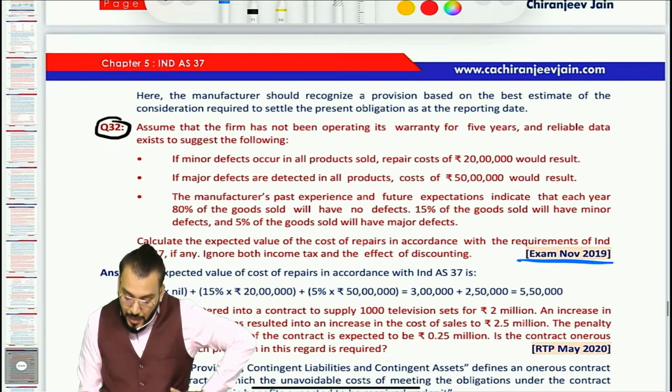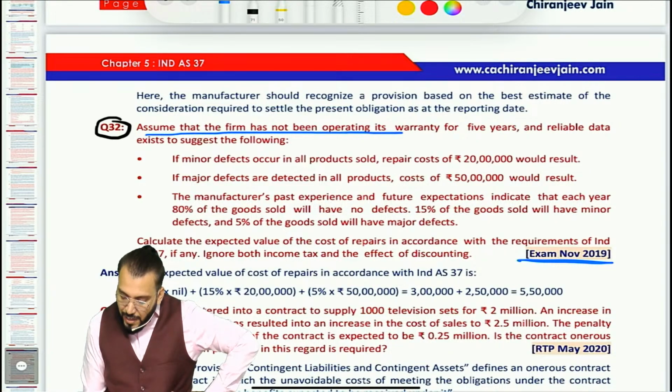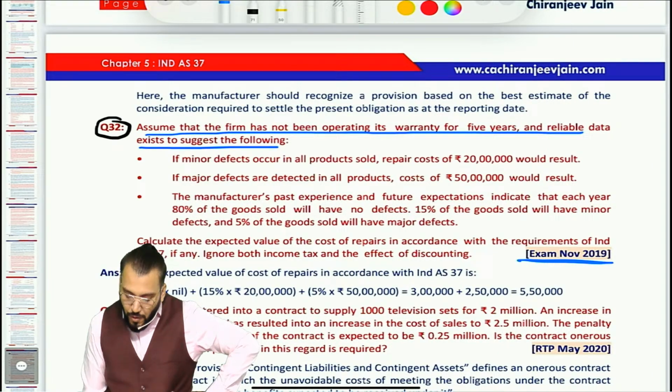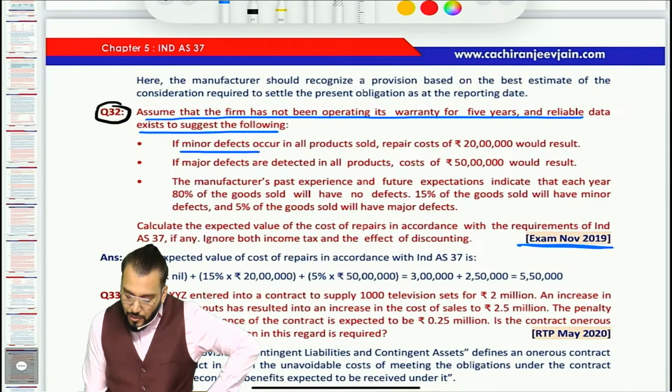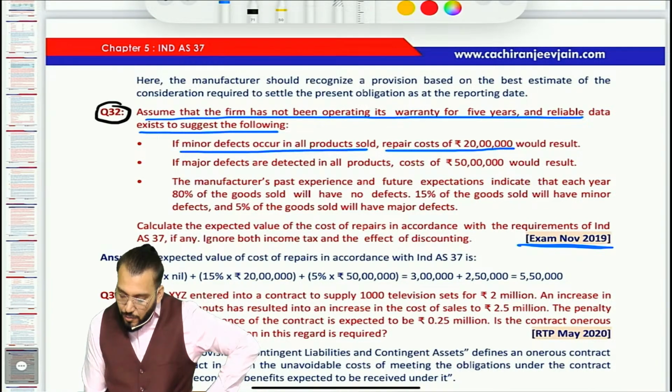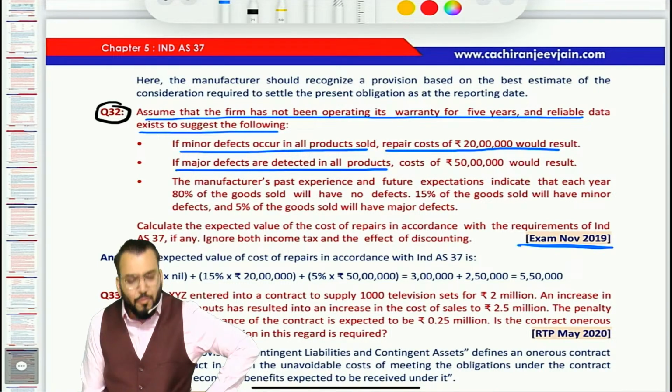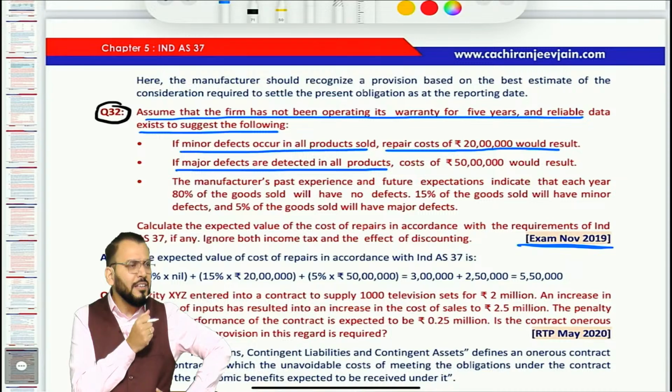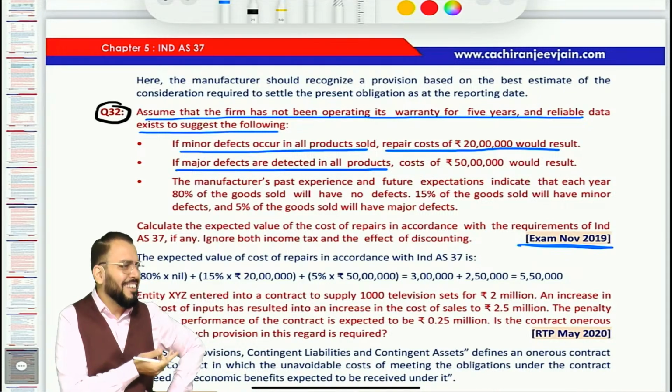Assume that the firm has not been operating its warranty for 5 years and reliable data exists to suggest the following. If minor defect occurs in all the products sold, repair cost of 20 lakh would result. If major defect is detected in all the products, warranty, everyone knows warranty.